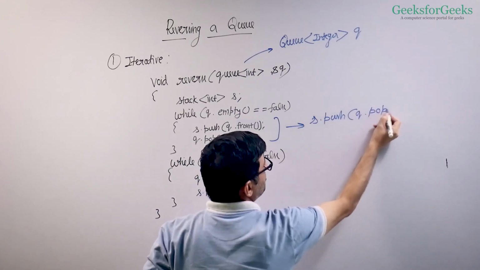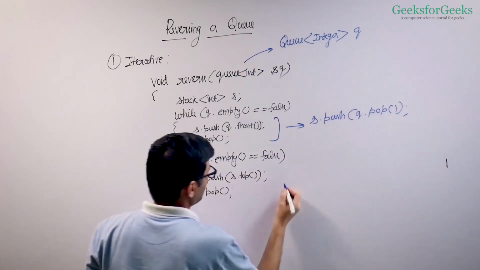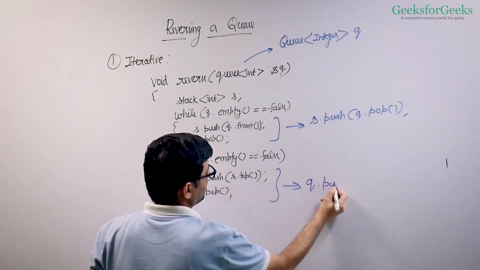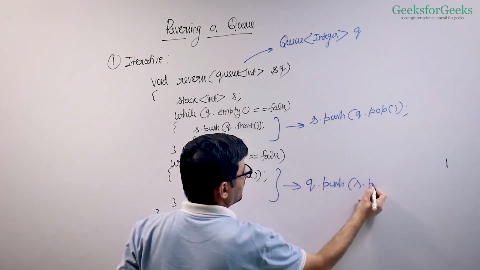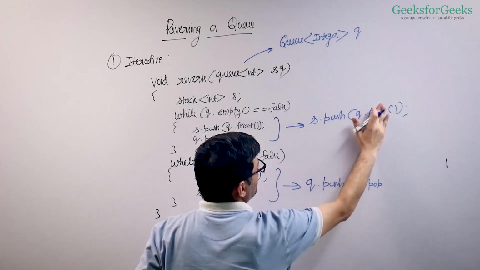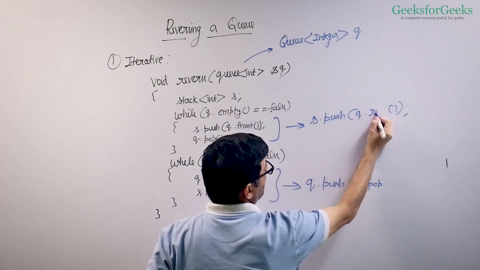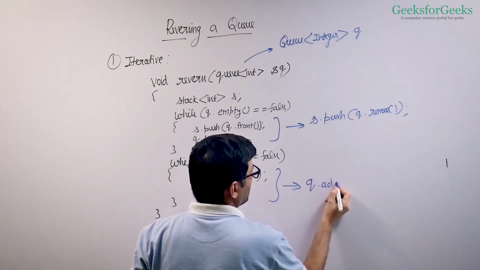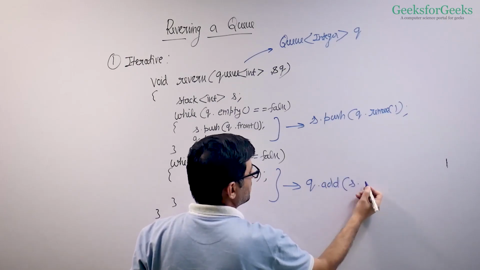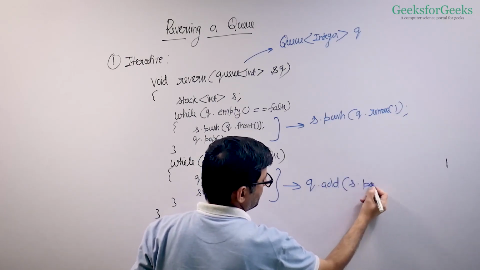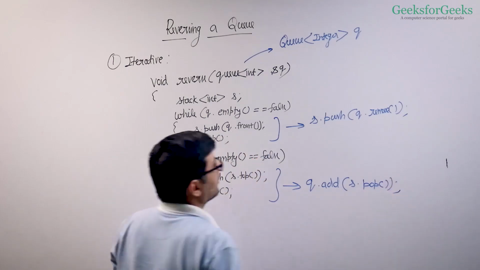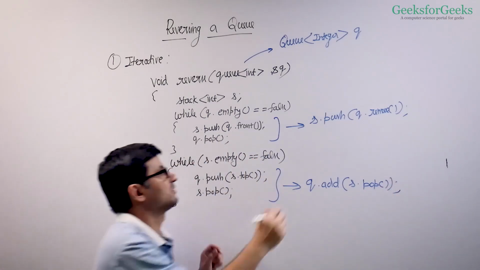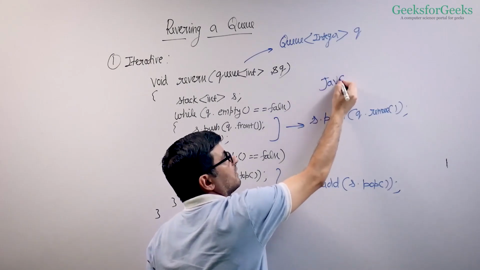So these two can be done in one line, and these two can also be done in one line: q.push(s.pop()). Actually, it's remove in Java, and it's add in Java, so it will be q.add(s.pop()). Okay, so that's about the language specific things, and these blue things are about Java.